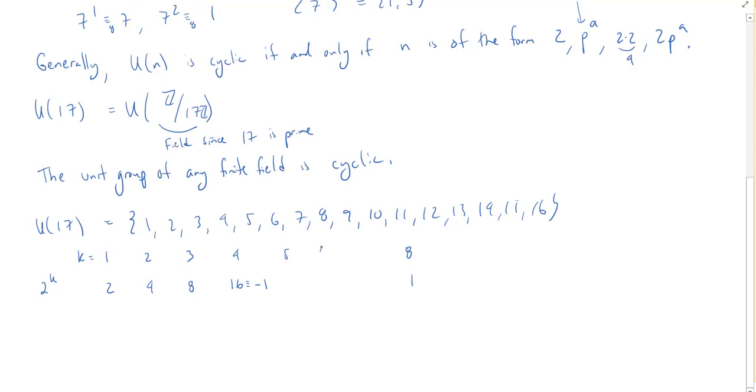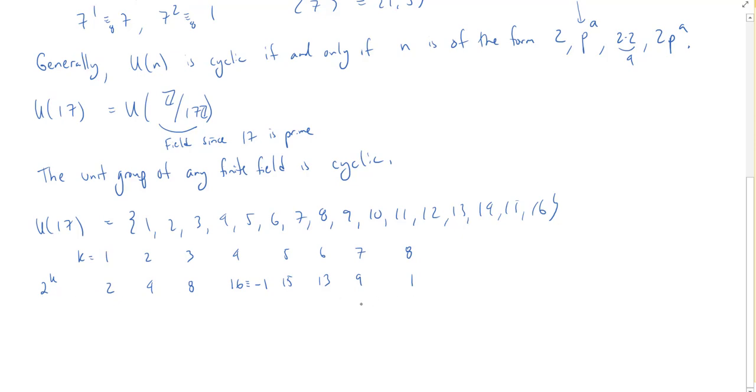And in fact, if I wanted to, I can fill these in. 2 times -1 is just -2, which is the same as 15. 2 times -2 is -4. -4 is going to be the same as 13. All right, 2 times -4 is -8. -8 is going to be the same as 9.